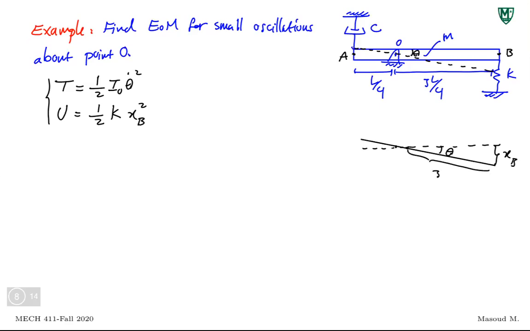And this is 3L/4. This one is L/4, and this is XA. This is also theta. So what is XB? Or can someone tell me the relationship between XB and theta now?